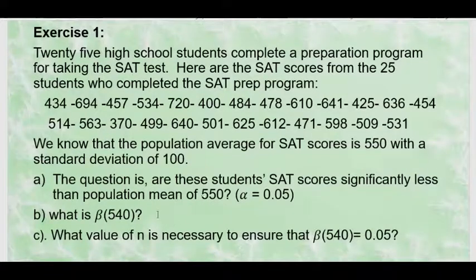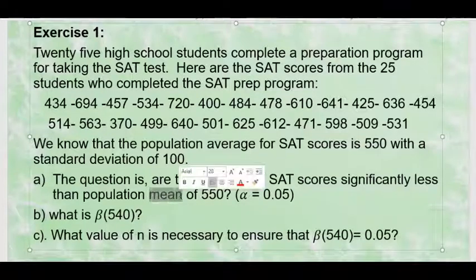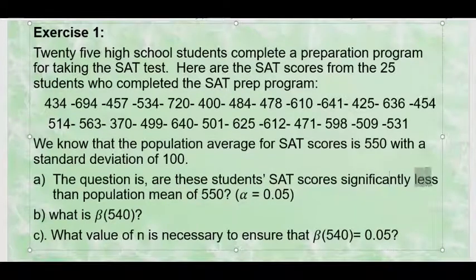So, the first keyword is the mean. So the hypothesis test is about mean. And another keyword is less than 550. So the question is about mean and less than 550. So in the first step we need to formulate H0 and HA.